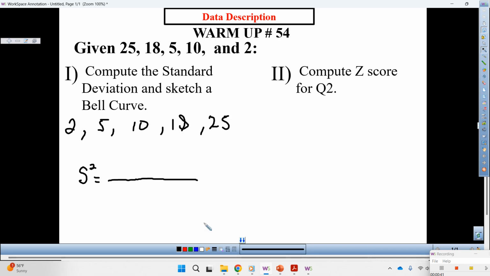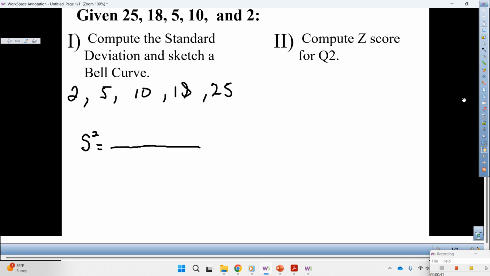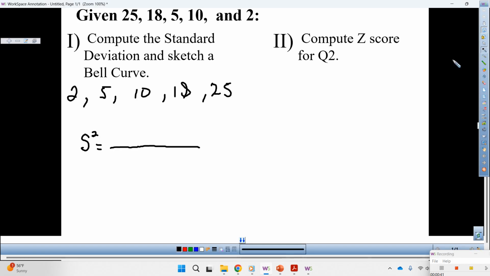All right, Jay. Let's get someone else to help us out. AJ, here we go. We start off with variance equals what? N times the sum, or sigma, of what?